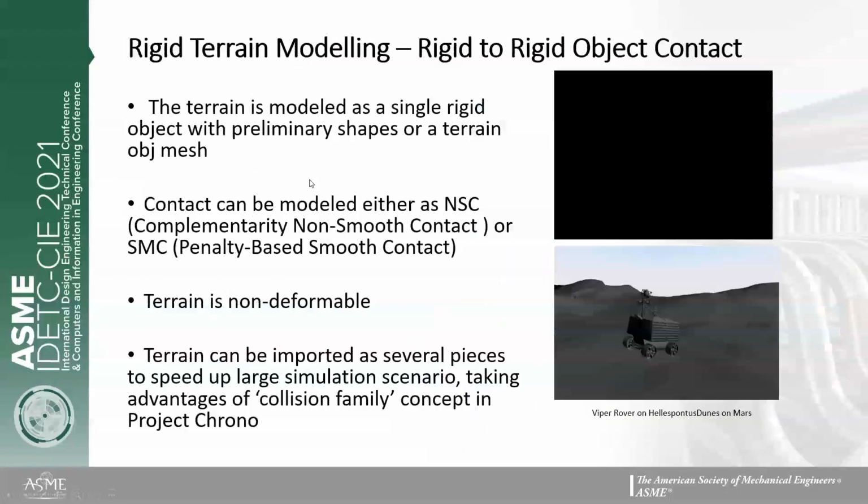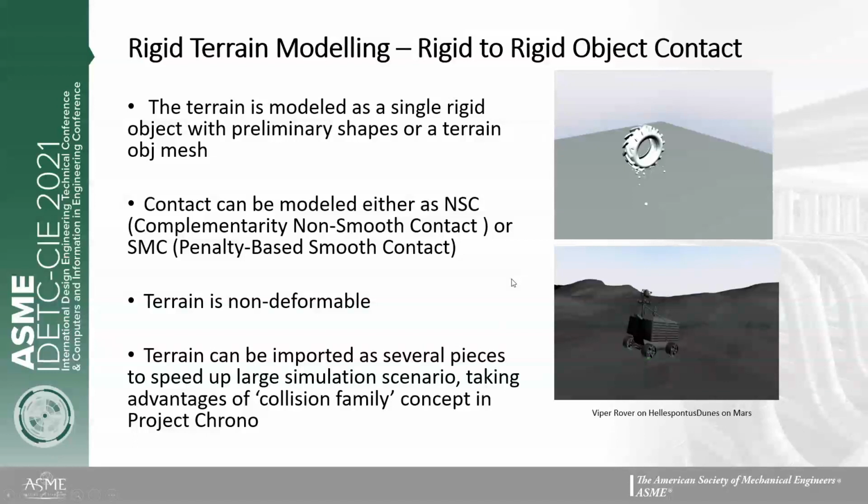For terrain modeling, the first option is to use a rigid body to represent a non-deformable rigid terrain. This is the simplest and fastest terrain model we can put into a simulation. The terrain can either be modeled as a primitive geometry object or imported as an OBJ mesh.